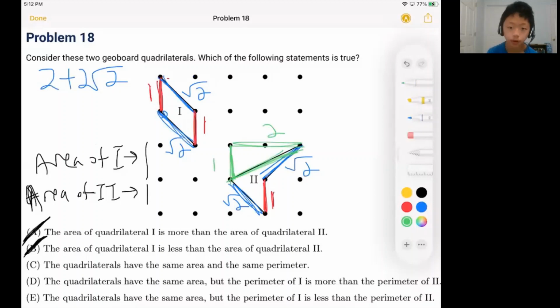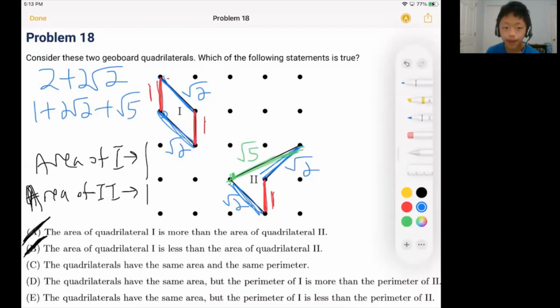So by the Pythagorean theorem, the square root of 1 squared plus 2 squared equals √5. So this green length has length √5. So the perimeter of quadrilateral 2 is going to be 1 plus 2√2 plus √5.